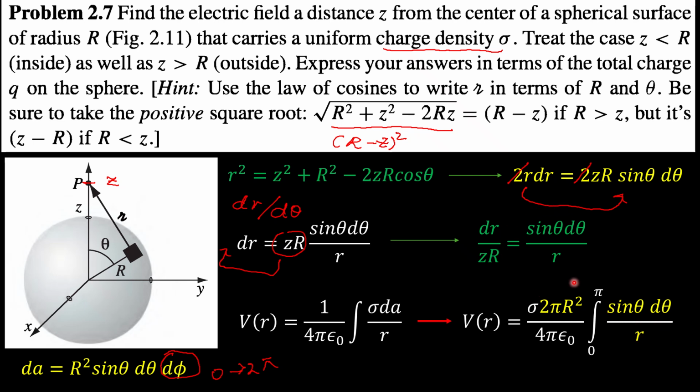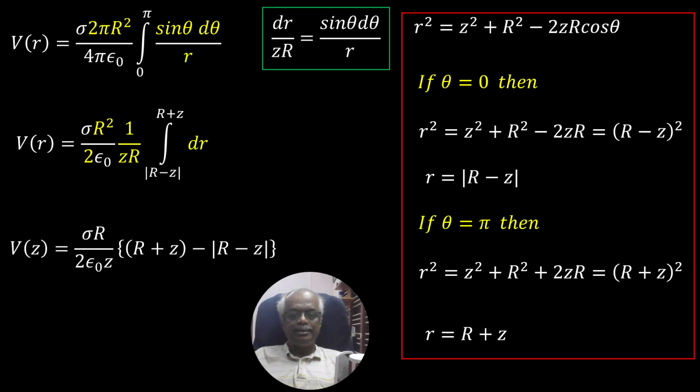Here we know sin theta d theta over script R. We are going to replace this by this, and let us see how it changes. So we got this expression. Now we can make some simplification. You cancel this 2 pi with this 4 pi, which will become 2.